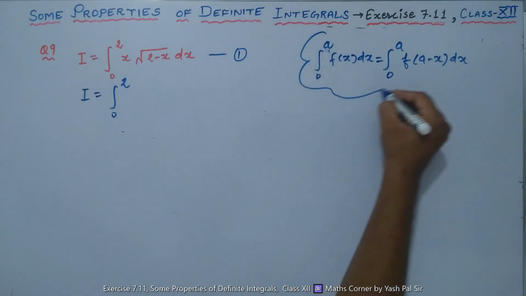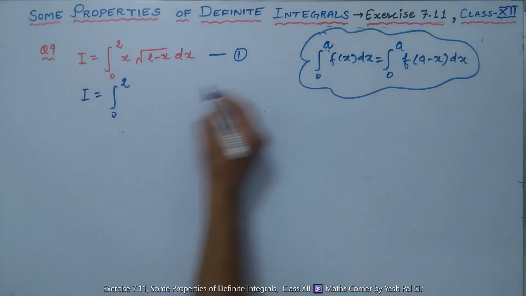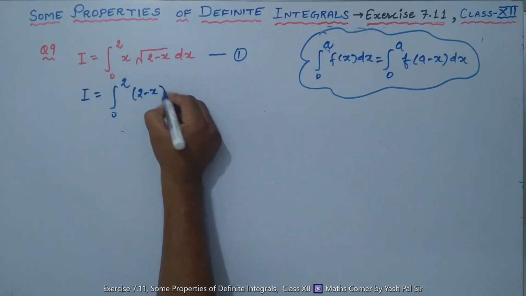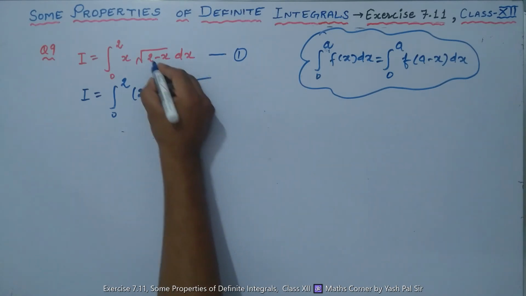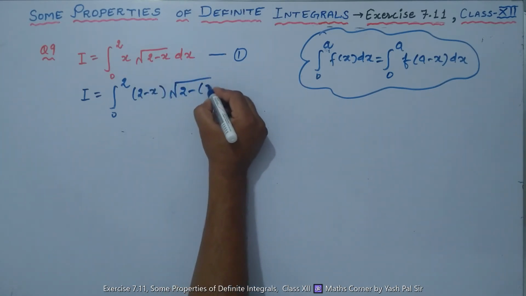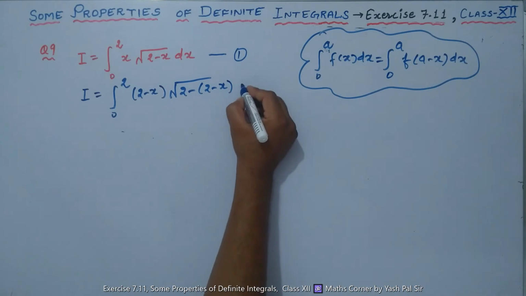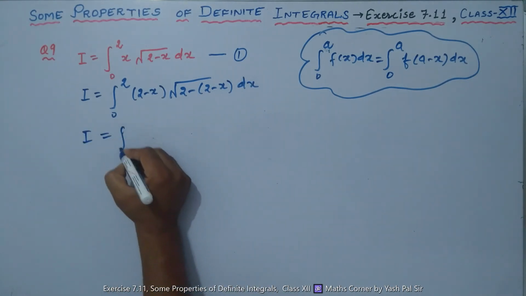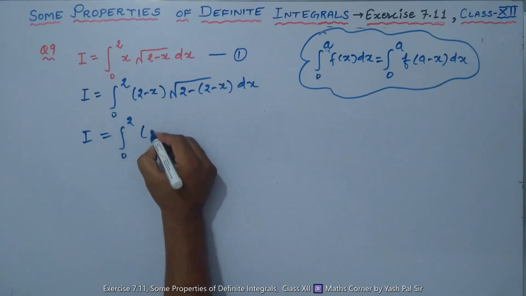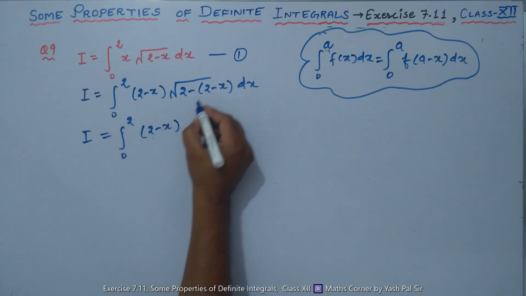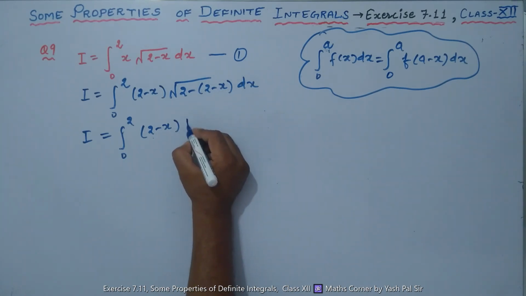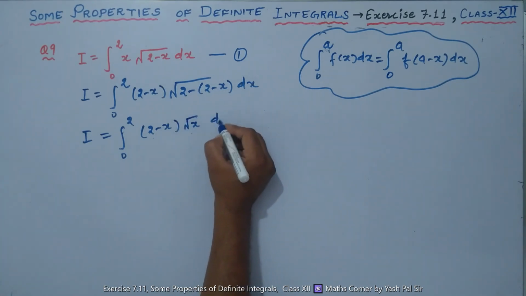This property we shall follow here once again. So x becomes 2 minus x, and square root of 2 minus x becomes, this 2 will get cancelled, minus minus plus x, so square root of x, into dx.